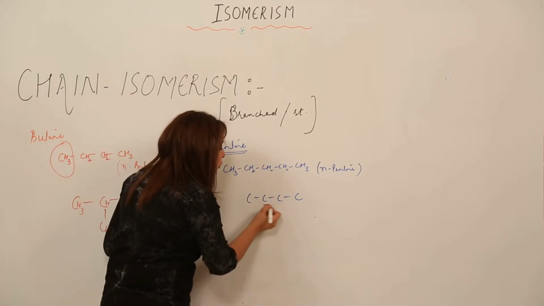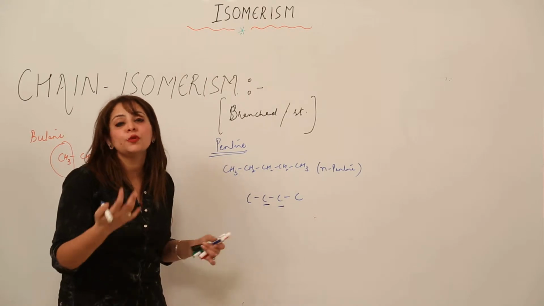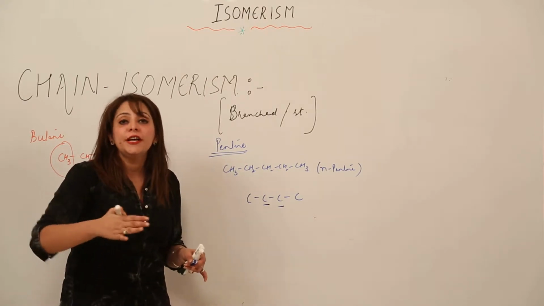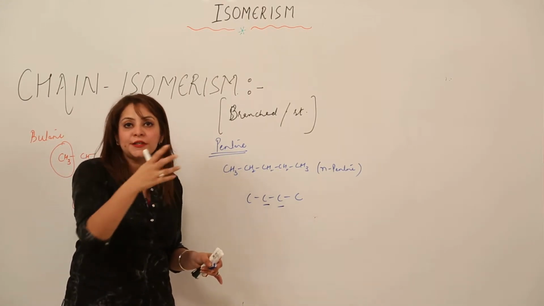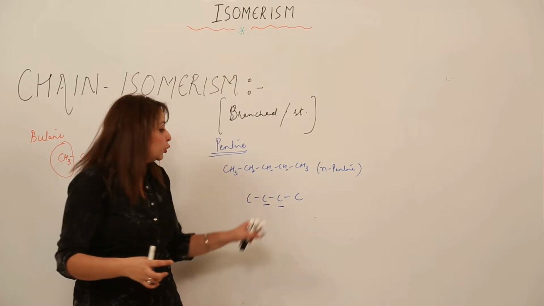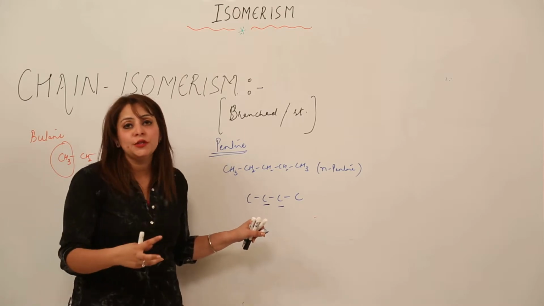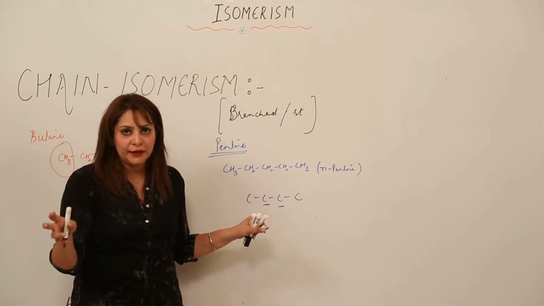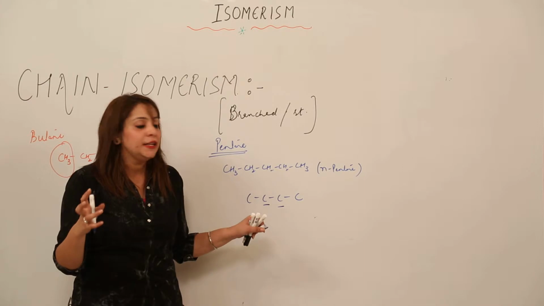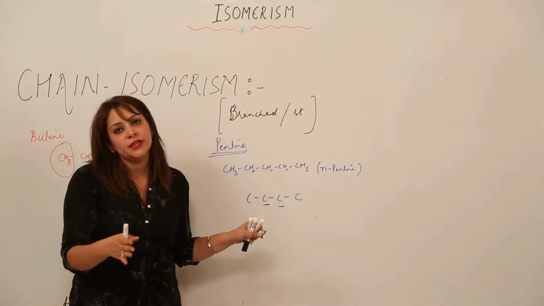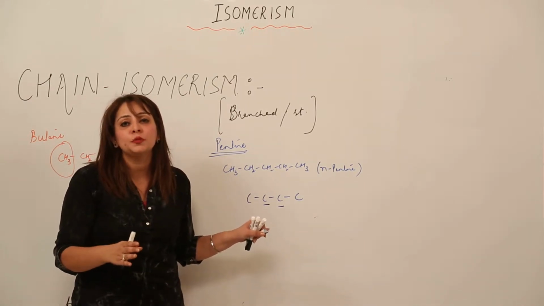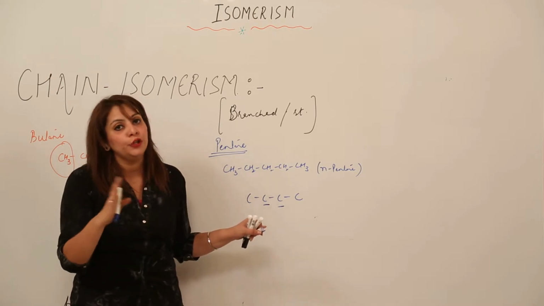So here we have 2 carbons at non-terminal positions, so we can use either of them, right? There is no hard or specific rule that you need to attach to this carbon or that carbon. If it is specified that you need to make such an IUPAC name with the methyl group at 2 position or 3 position, then you have to consider that. Otherwise, while making the isomers, you can attach to either of the non-terminal carbons.